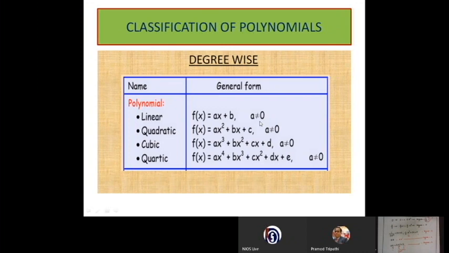So we see here the exponent of x in the first term of ax plus b is 1, hence it has degree 1. So any polynomial having degree 1 is known as a linear polynomial.